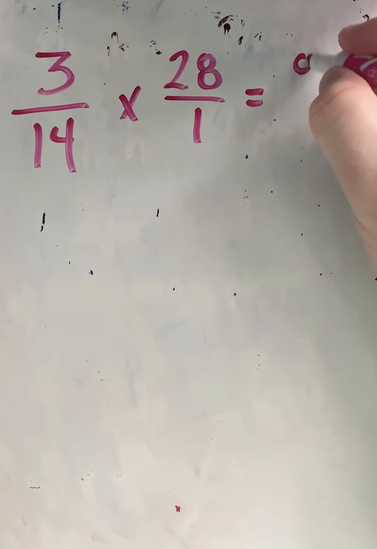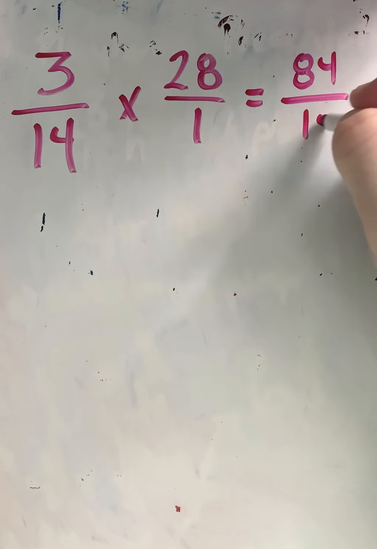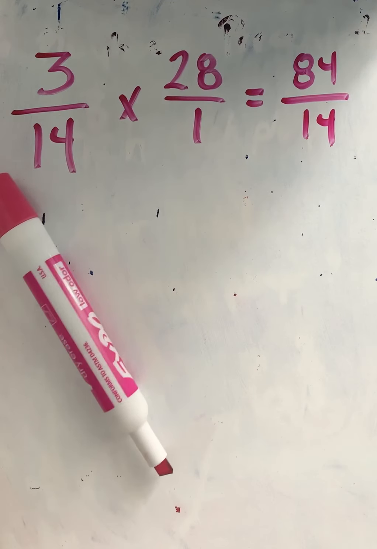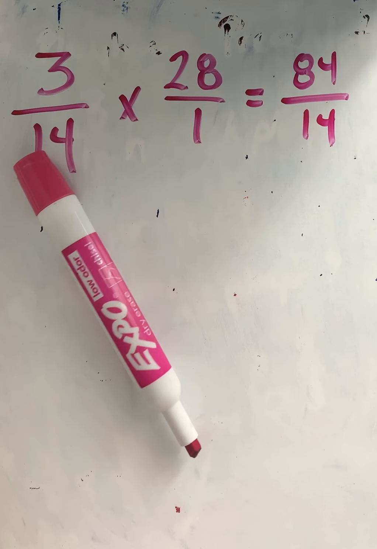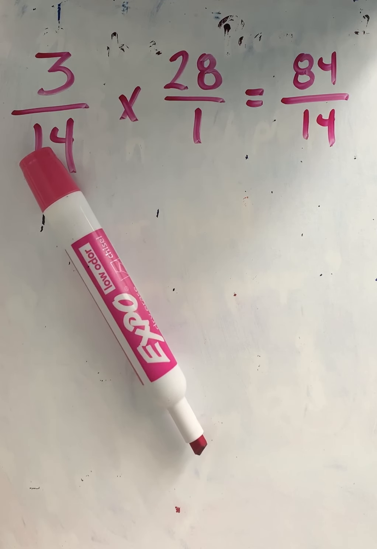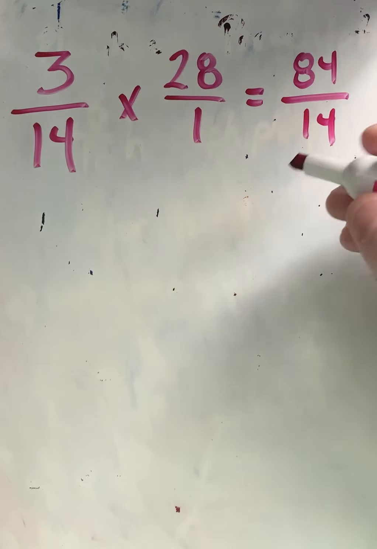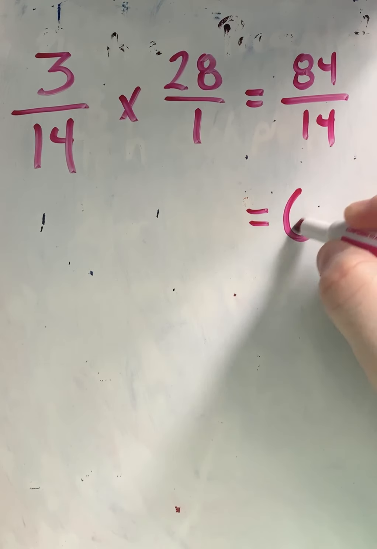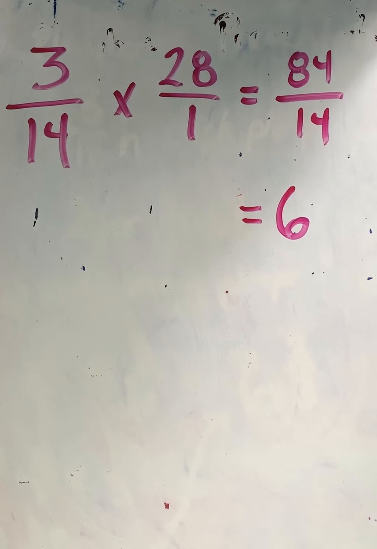We get 84 over 14. And then we'll just figure out how many times does 14 go into 84. And it goes 6 times. Okay?